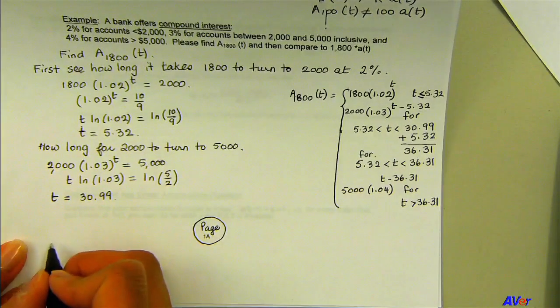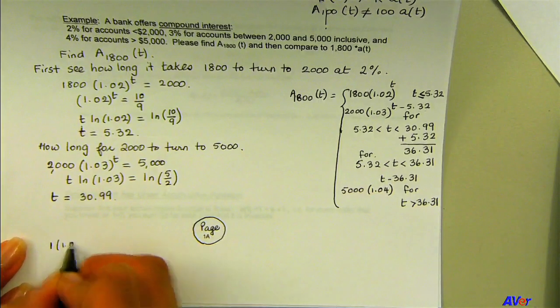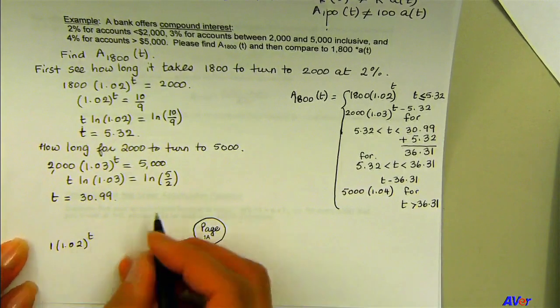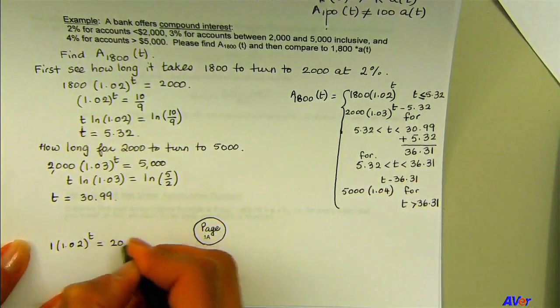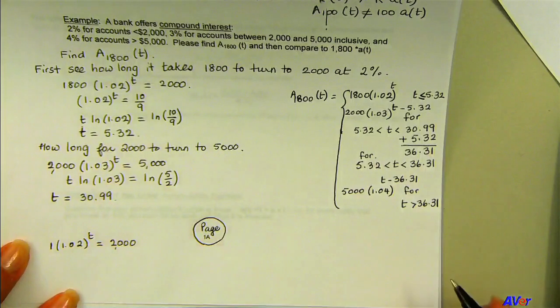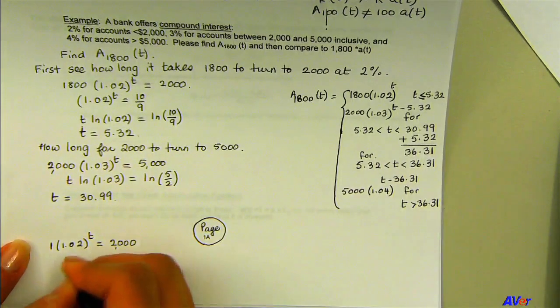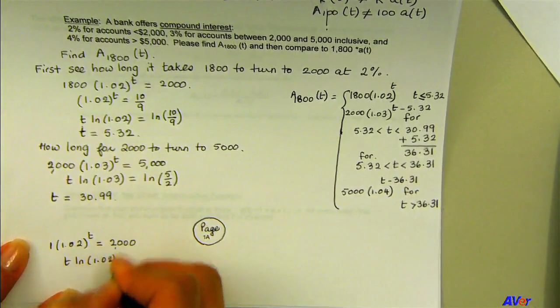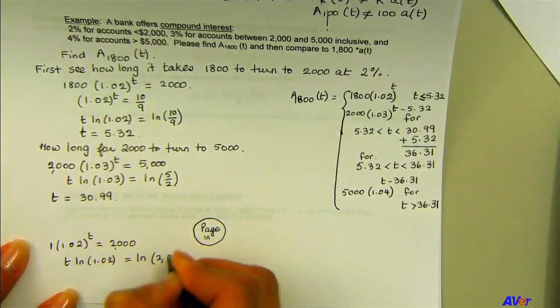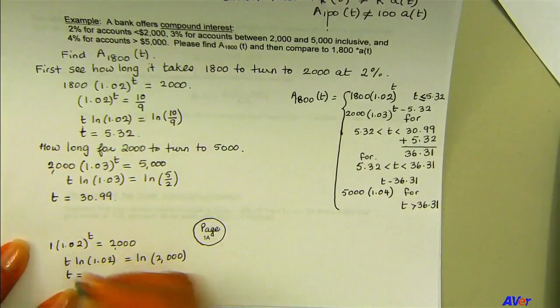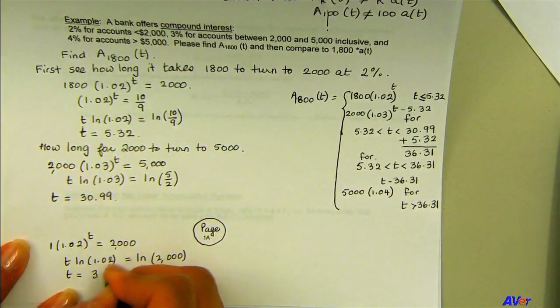1 times 1.02 to the t power. Set this equal to 2,000. I want to see how long it takes a dollar to get to 2,000. So t ln 1.02 equals ln 2,000. Solve this. You're going to get t equals 383.8 years.